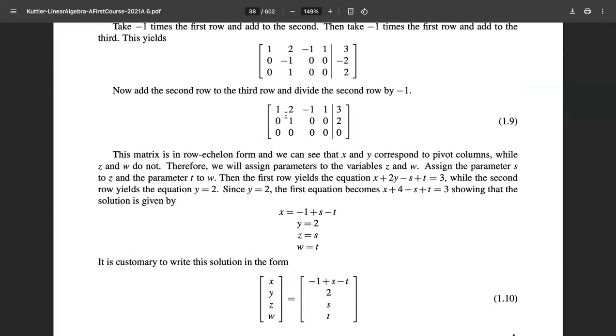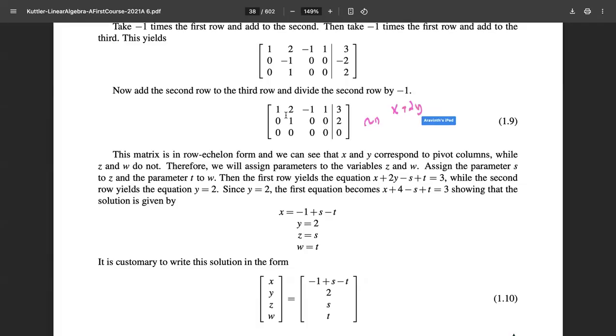Let me write it down. We have x plus 2y minus z plus w equal to 3.